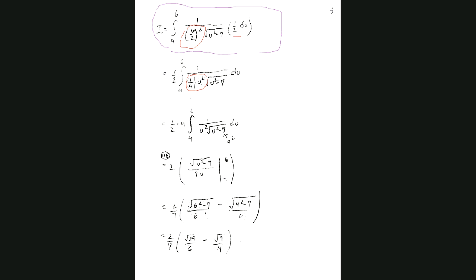The 1/2 got brought out in front of the integral. And this 1/4 here is the same as 4. And so 4 can be brought out in front of the integral. 1 divided by 1/4 is a 4.